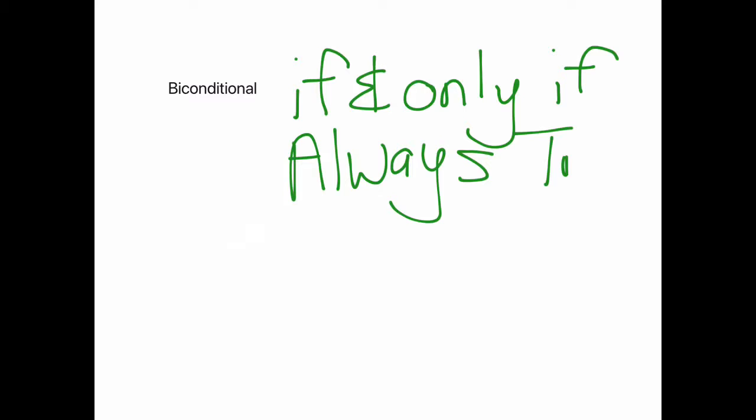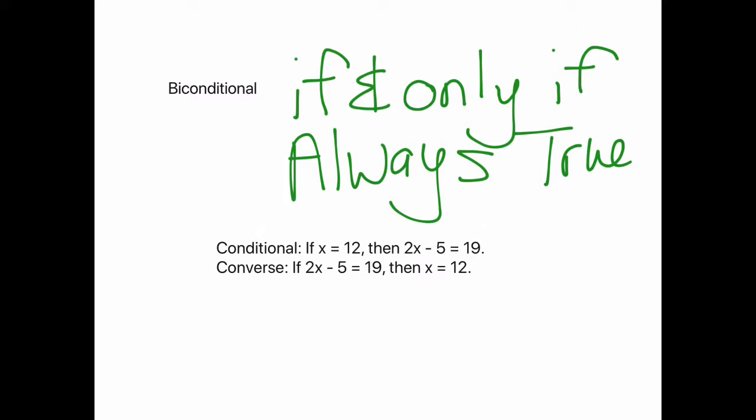Remember our conditional, if x equals 12, then 2x minus 5 equals 19. We determined that was true. And then our converse, if 2x minus 5 equals 19, then x equals 12, we also determined to be true. So because both of those were true, we can make the biconditional. Our biconditional here: x equals 12 if and only if 2x minus 5 equals 19.